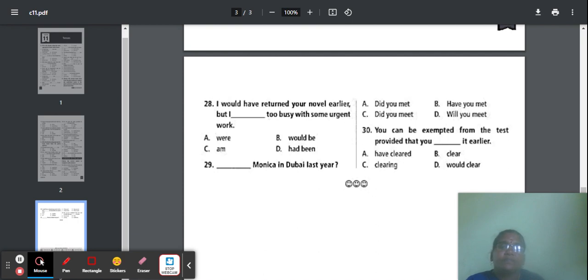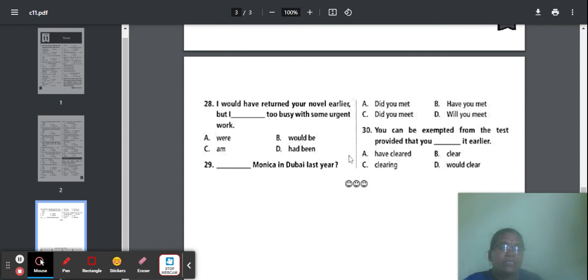Next, question number 29. Monica in Dubai last year. Dash. So, last year is the keyword. This is interrogative. How can we write the helping verb? You know that, no?